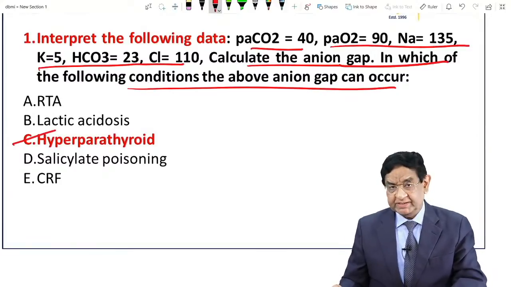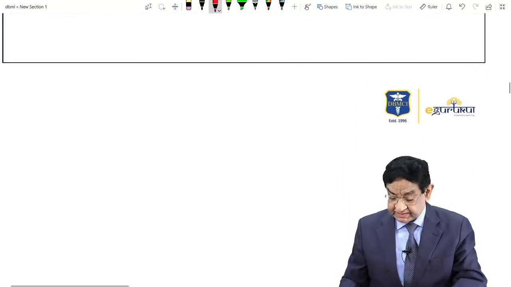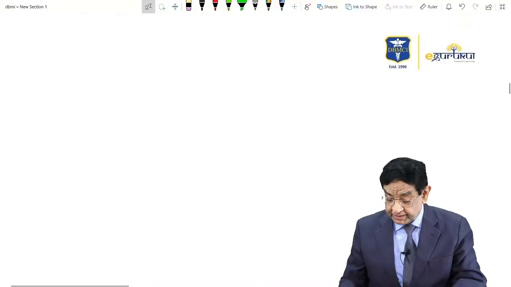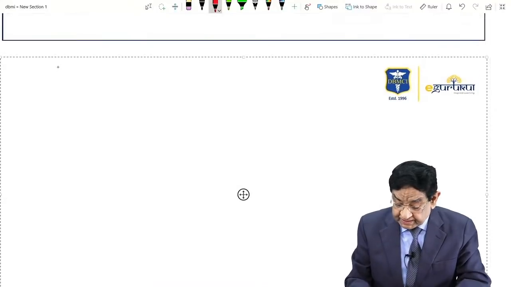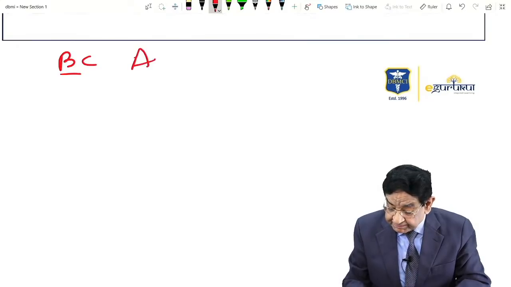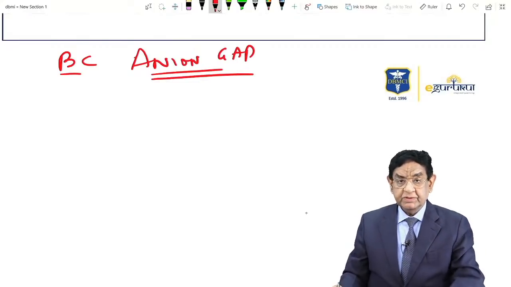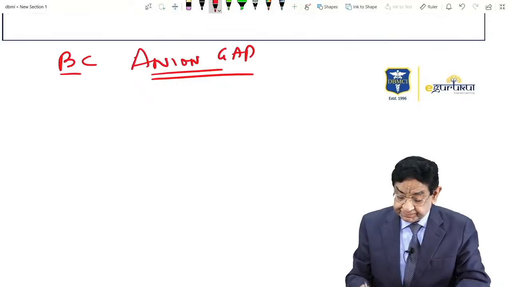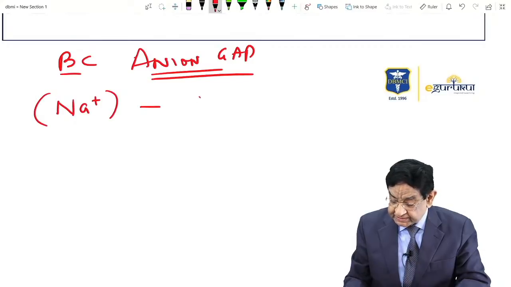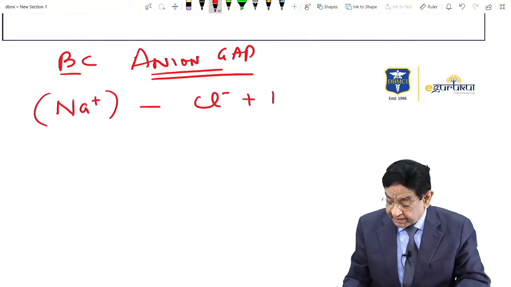This you will never understand unless we know the basic concept about anion gap. How do we calculate anion gap? Sodium minus chloride plus bicarbonate.